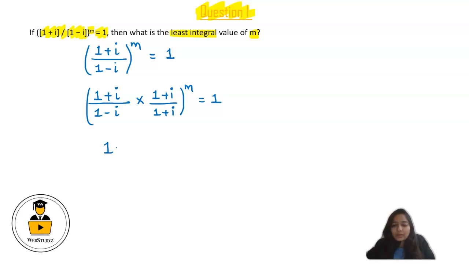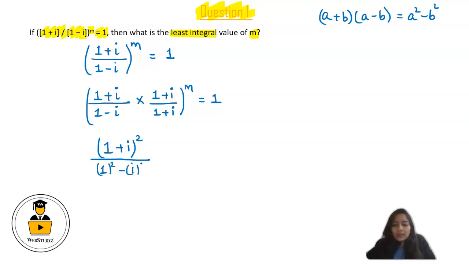So we have (1 plus iota) whole square in the numerator, and in the denominator we use the identity (a plus b) multiplied with (a minus b) is equal to a square minus b square. So from here we have 1 square minus iota square in the denominator, raised to the power m, equal to 1.